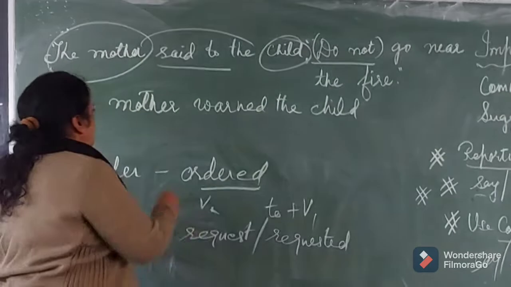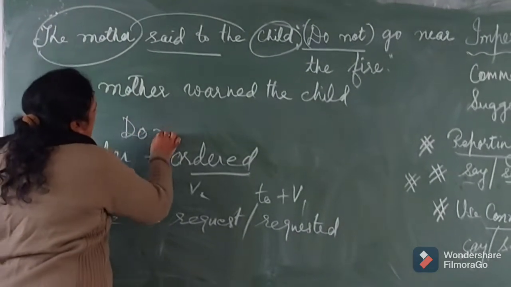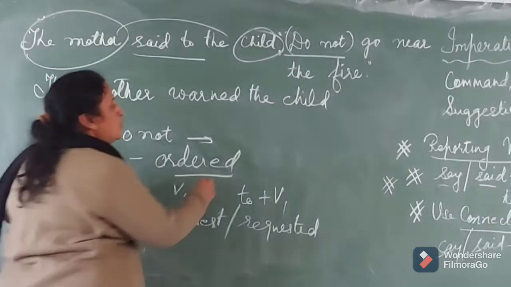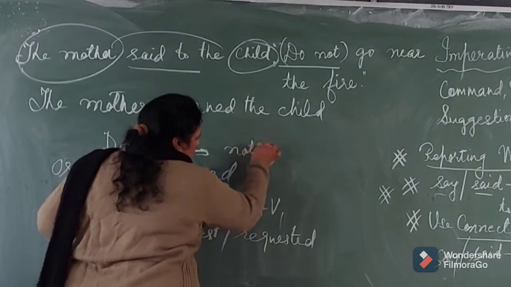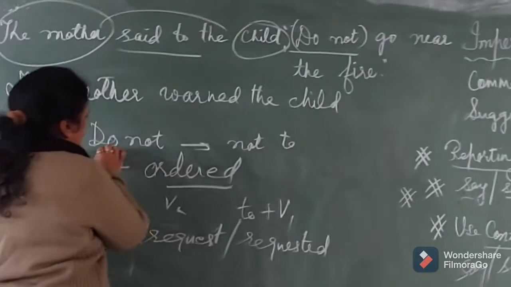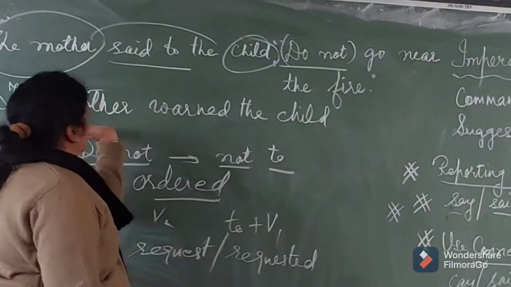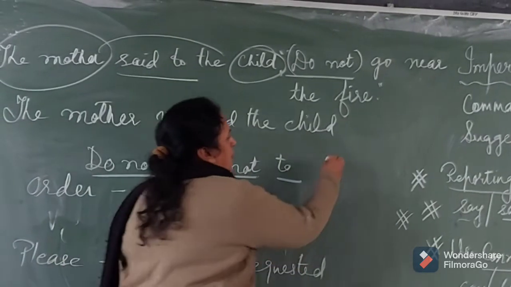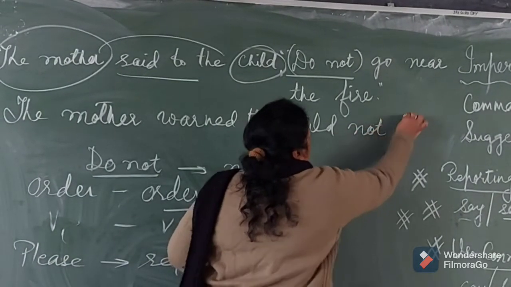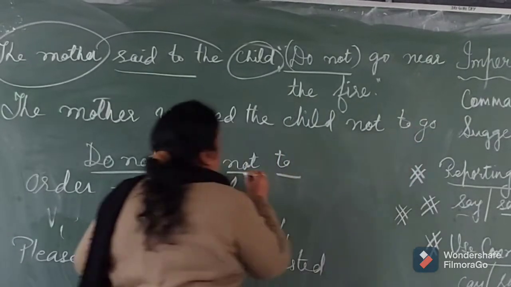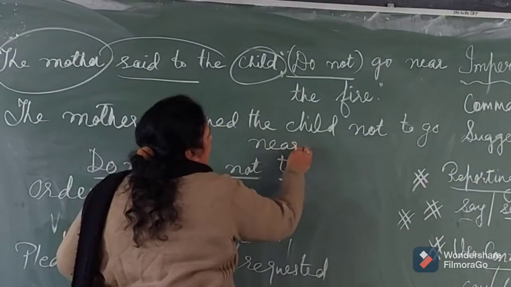If you find do not in the statement, you should change that into not to. We will replace do not with not to. So the mother warned the child not to go near the fire.